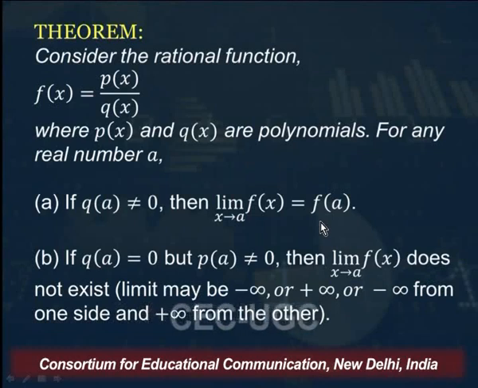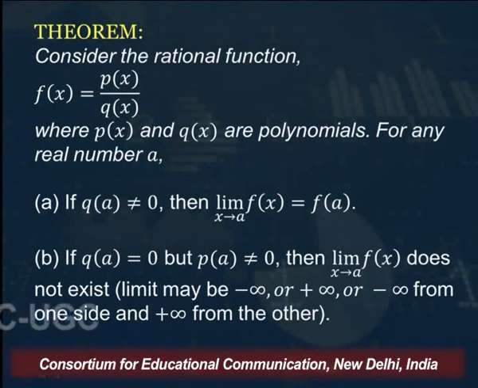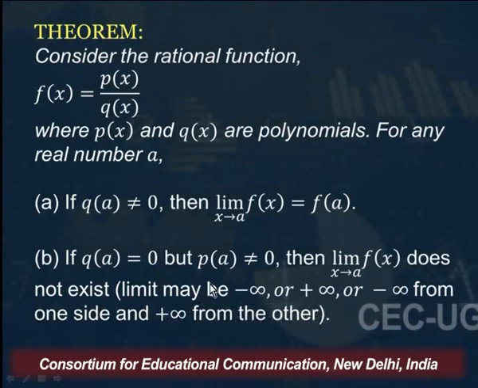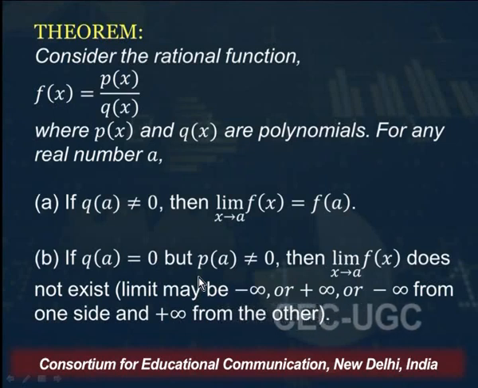Okay, which is the rule that we had in our toolkit, that the denominator is not 0 at a. But you could have a situation where q of a is 0, but p of a is not equal to 0, right? So the second situation, please look at the difference. The second situation is one where p of a, the numerator at a, is still not 0, but the denominator becomes 0 at a.